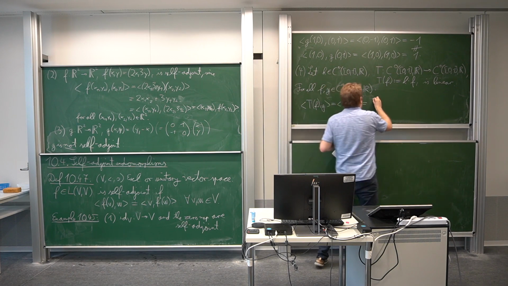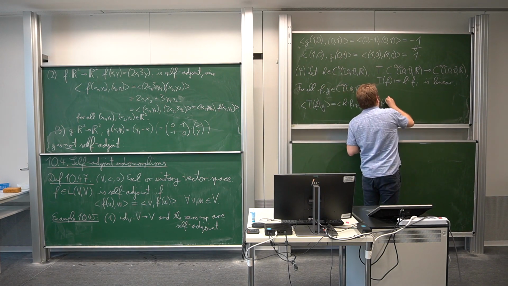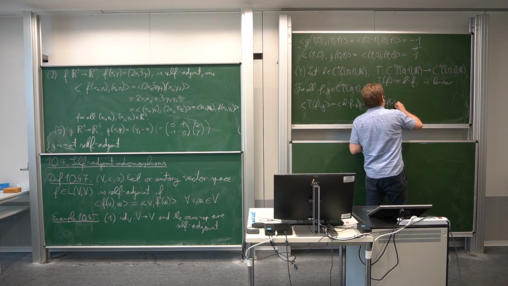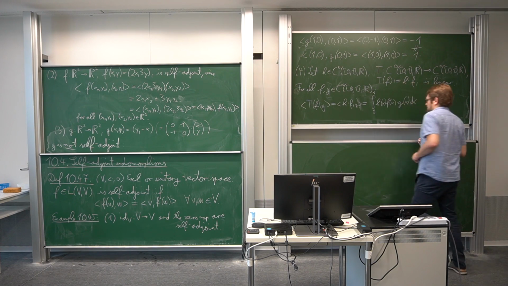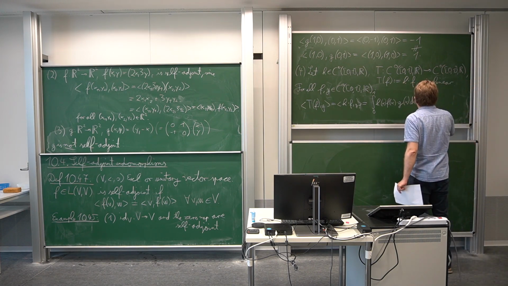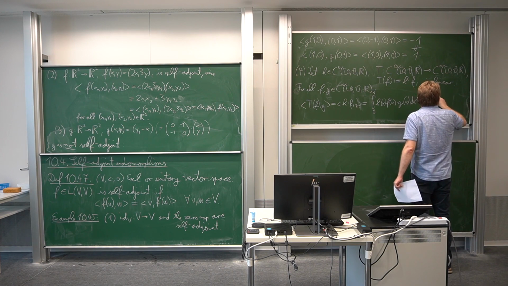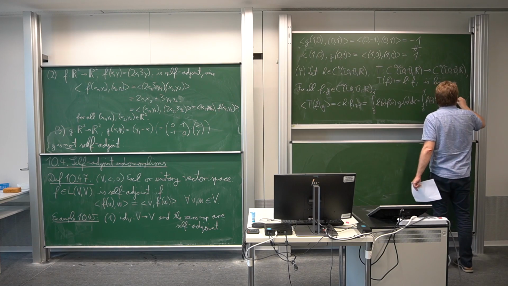And by definition, this is the integral from 0 to 1 of h of x, f of x times g of x dx. Okay, the integral of some product, but of course this we can just rewrite as the integral over f of x times h of x times g of x dx.